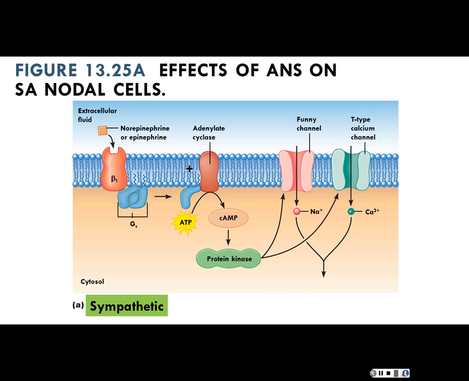And then the next few figures illustrate chemically what's going on under the influence of the sympathetic nervous system on the nodes. Epinephrine from our sympathetic nervous system activates the cell, allowing it to do what? If I'm at the pacemaker cell and the sympathetic nervous system kicks in, what am I opening up over there?